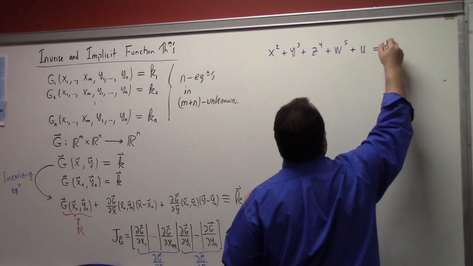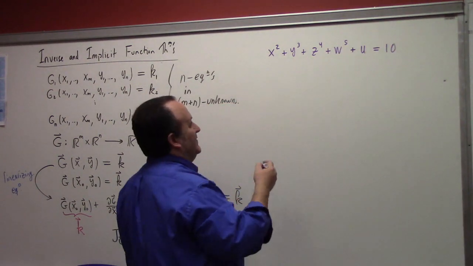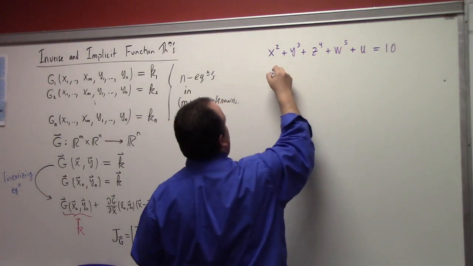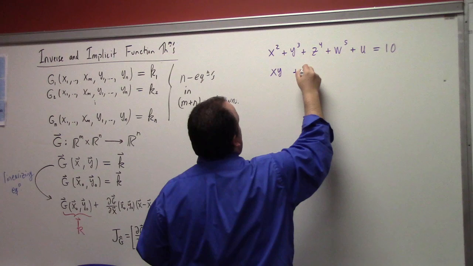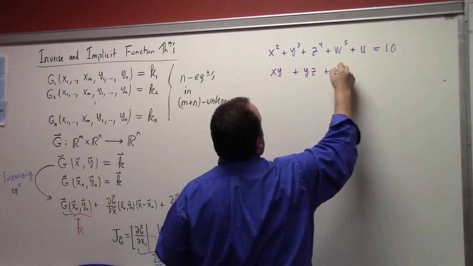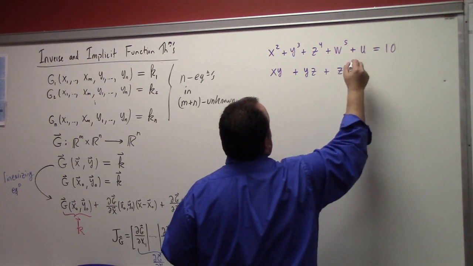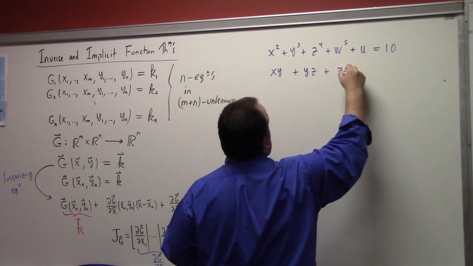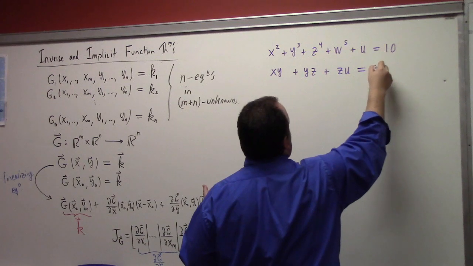Plus u equals 10, okay? And then for the other one, just to be annoying, I'll do something like xy plus yz plus zu equals, oh, I don't know, 0.